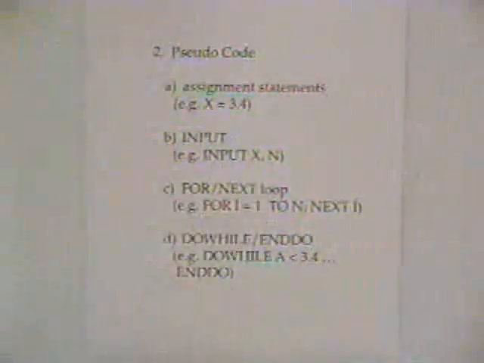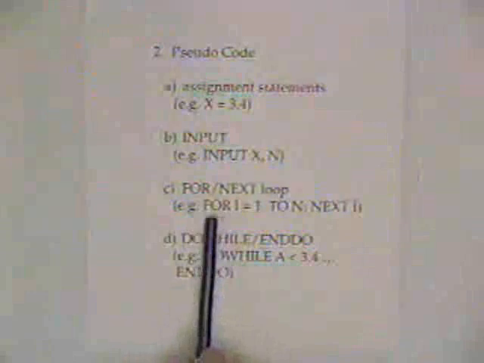The next pseudocode statement is the for-next loop. Much of the work that's done in any computer program is done in loops. That's the real power of programming. You're able to get something done over and over again efficiently. So a lot of the processing and a lot of the problems that you'll be dealing with will be done in loops.